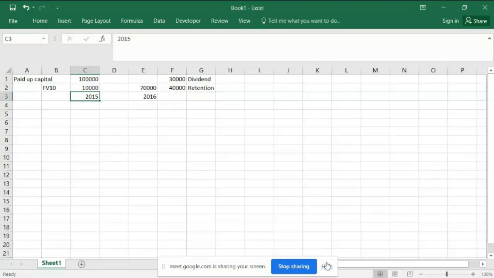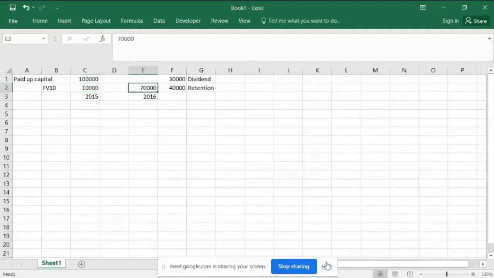The company has started during the year 2015. During 2016, the company has earned the profit of 70,000 rupees. So this 70,000 rupees is the portion of earnings available for equity shareholders. It means after deducting all the expenses, including depreciation, including interest, including tax, and after deducting the preference dividend also, whatever the portion of the earnings available for equity shareholders, it is 70,000 rupees.